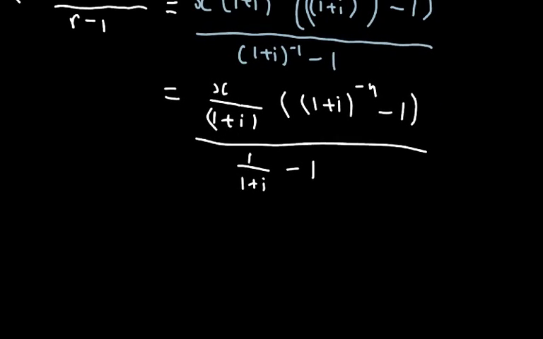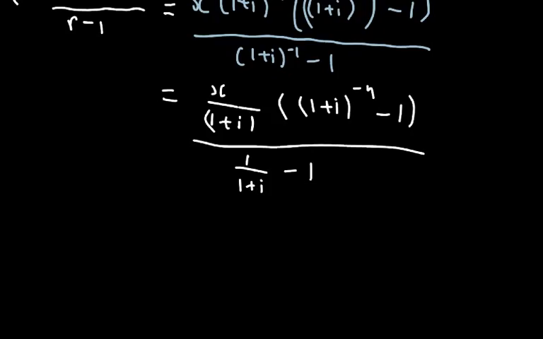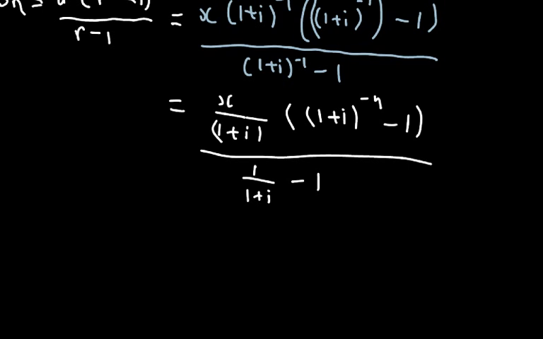Now I'm going to multiply the top and bottom by 1 plus i. 1 plus i over 1 plus i is actually 1, so it doesn't change the overall value, but it neatens up this expression greatly.